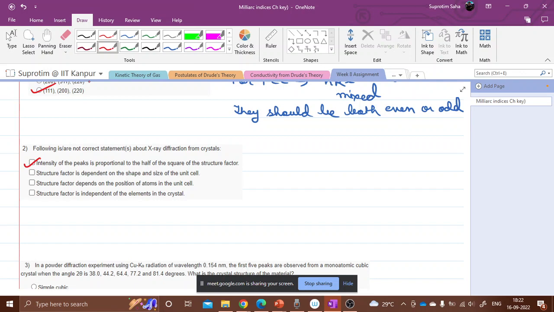This is a simple cubic structure and face centered cubic FCC, and sodium sits at the interstitials. All right. So basically the structure factor in that case would be dependent on the position of the atoms in the unit cell. So the second option is also incorrect, that's why you have to take it. So structure factor depends on the position of atoms in the unit cell, that is correct. And also structure factor is independent of the elements in the crystal, it is also correct. Rather it depends on the position of the elements in the crystal. Okay.